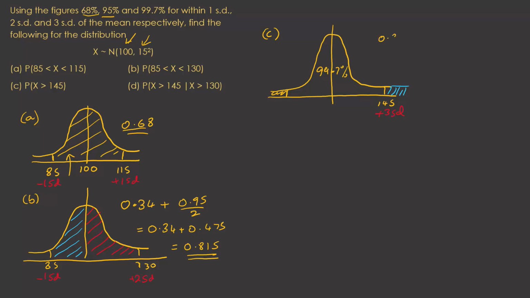So 0.3% is in the 2 ends added together. So 0.15% is what's in the required region. And so 0.15, divide that by 100 and we get 0.0015.